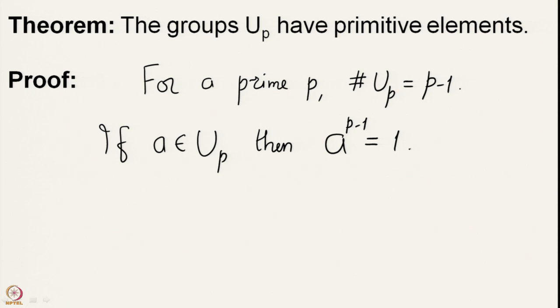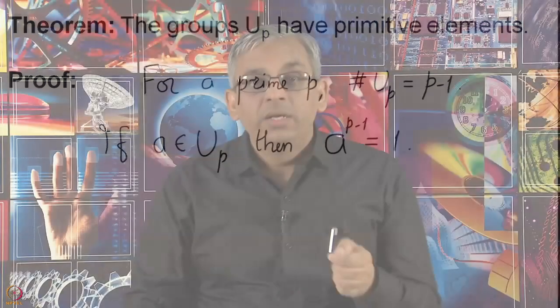The question is to find an element a for which no smaller power gives you 1. This is what we want to show.